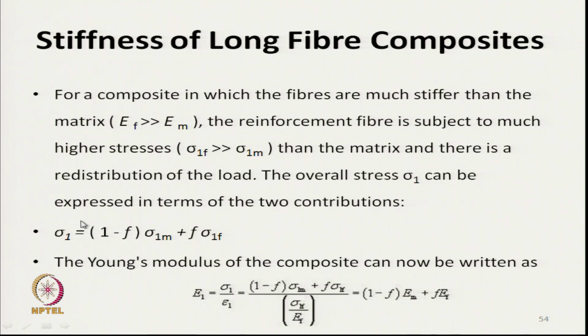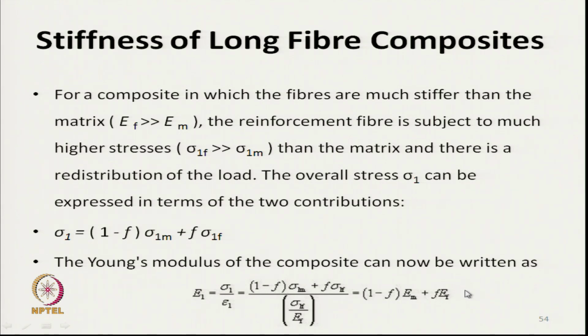From there we can arrive at the Young's modulus of the composite as a proportion of their volume fractions: 1 minus f, the volume fraction of matrix, multiplied by the Young's modulus of matrix, plus f, the volume fraction of fiber, multiplied by the stiffness of fiber.